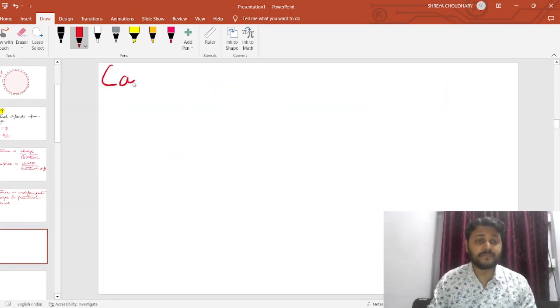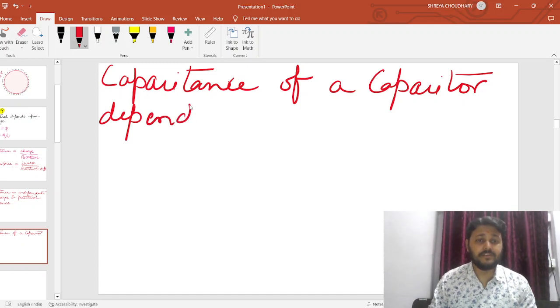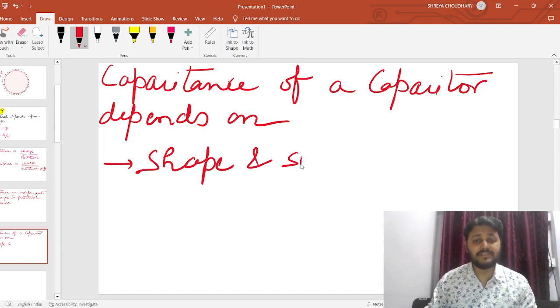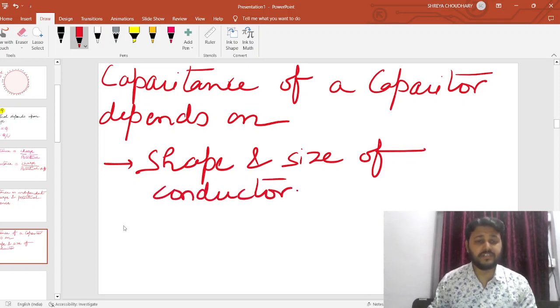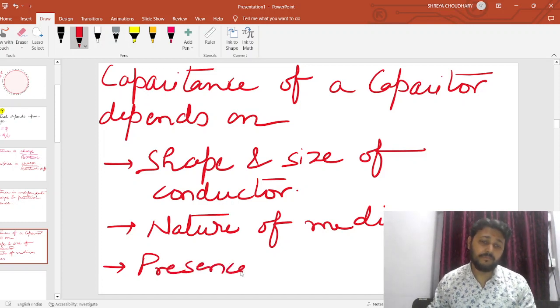So the capacitance of a capacitor depends on, first, shape and size of conductor; nature of medium; and the last one is presence of other conductor nearby.